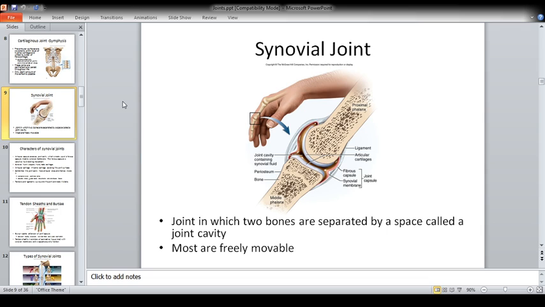So to protect the bones from rubbing against each other and from damage, we use this mechanism that is known as the synovial joint. In addition to reducing the friction, it also provides cushioning.